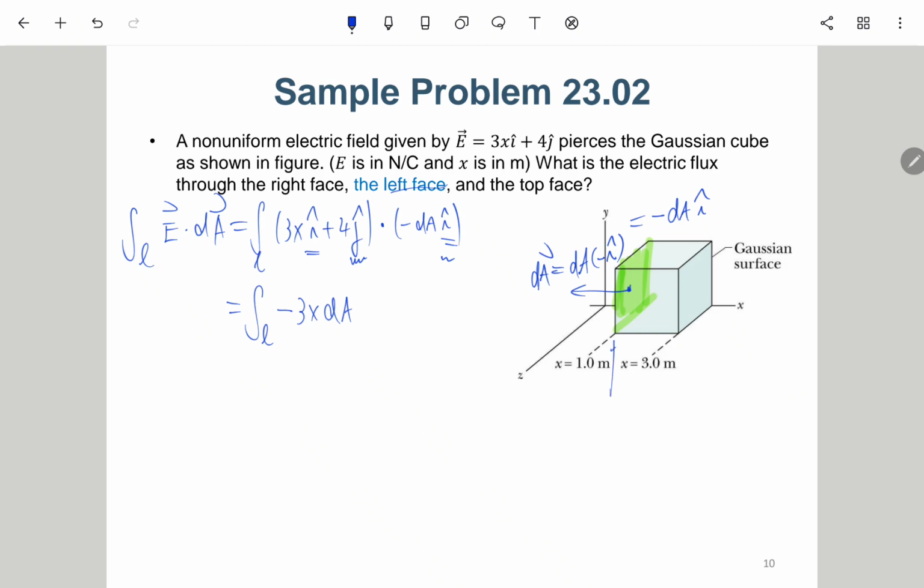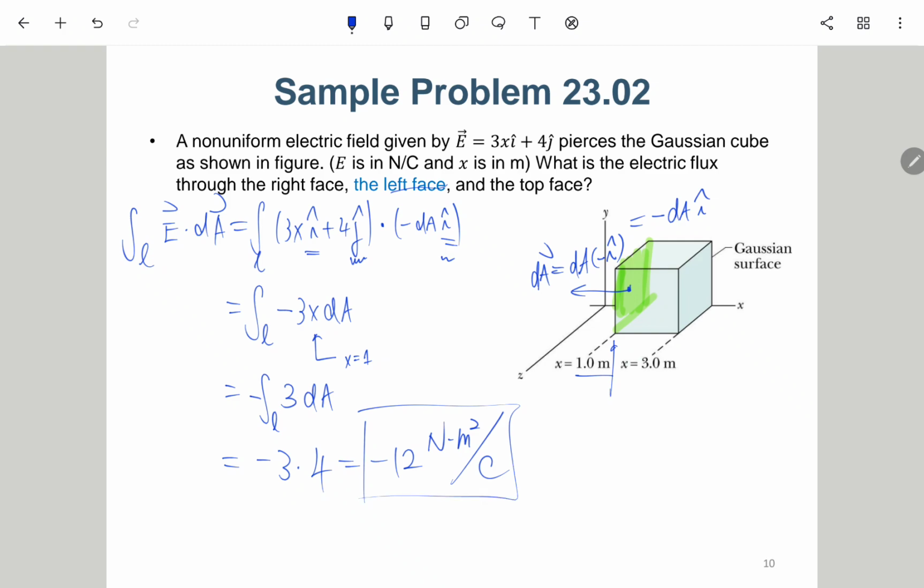For this left surface, x is actually equal to 1, so we have the integration over L of negative 3 dA. It is nothing but negative 3 times 4, which is negative 12 Nm squared over C. A little bit different is that x is 1 for the left surface.